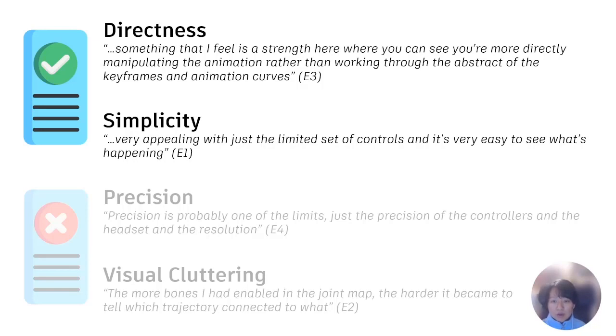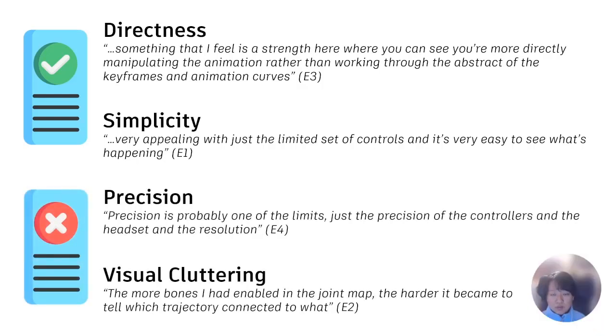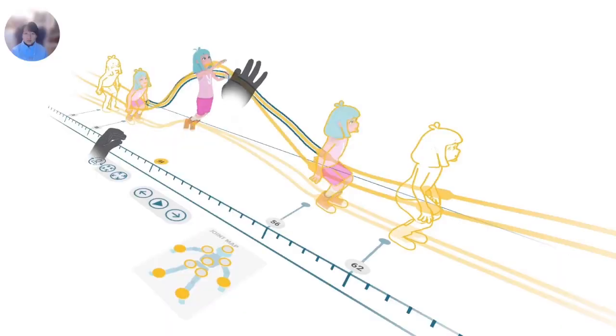They pointed out that working on the joints with overlay trajectory and KeyPose allows them to edit the motion directly rather than working through the traditional keyframes and animation curves. They also expressed challenges for precise control of editing and also visual cluttering. The visual space within the tunnel can become cluttered when multiple trajectories are turned on in the interface.